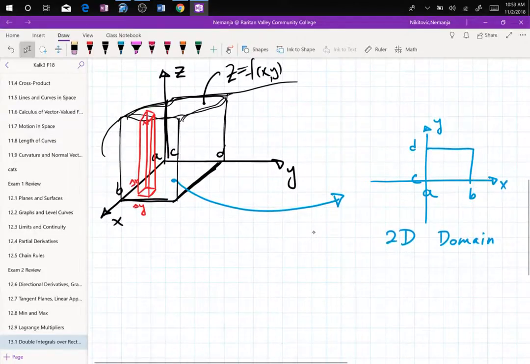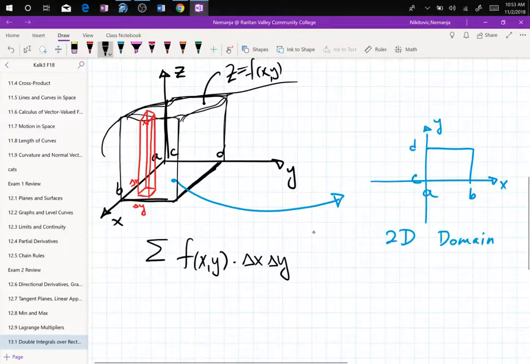So what I have here is that I am going to have a function of x y, and that function is going to be multiplied by delta x and delta y, and we're going to add all of those. So this over here is the volume of a single French fry, right?